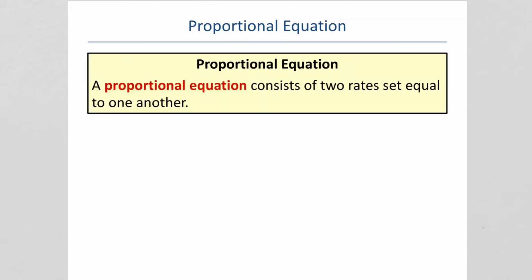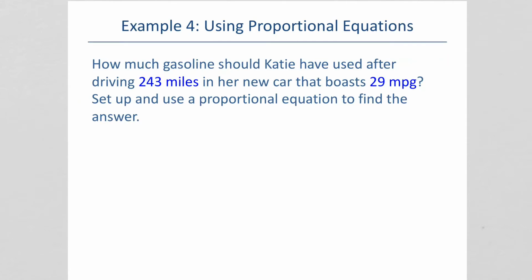A proportional equation consists of 2 rates set equal to one another. Example 4. How much gasoline should Katie have after driving 243 miles in her new car that boasts 29 miles per gallon? Well, we know it's 29 miles per 1 gallon.